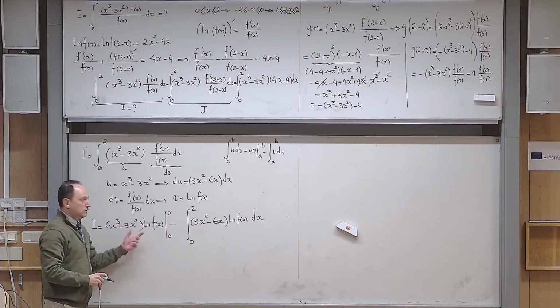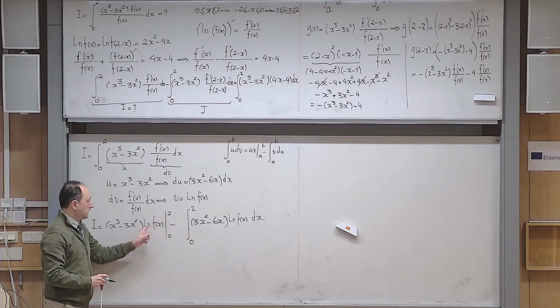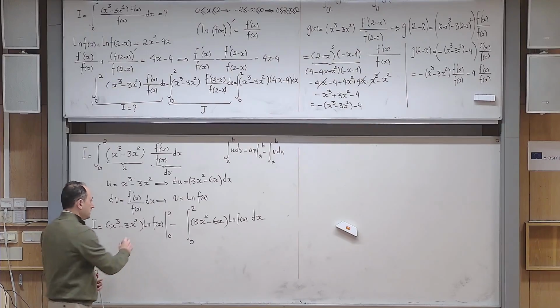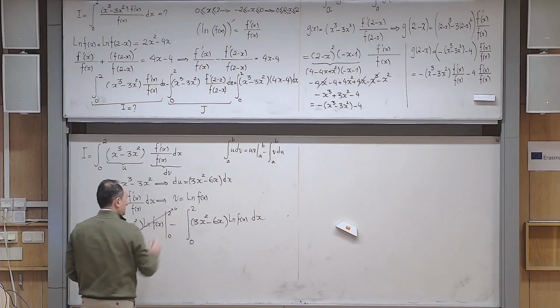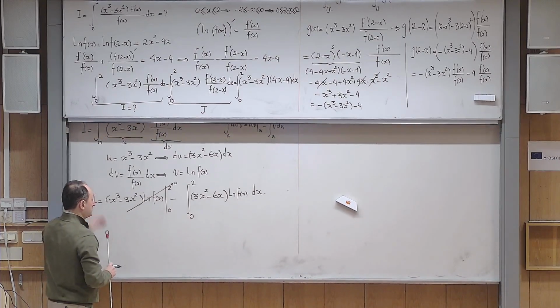This is again 0 because we just learned in the previous method that f of 2 is 1, ln of 1 is 0, and f of 0 is given to be 1, so that's also 0. So this term vanishes. So what is left for me?